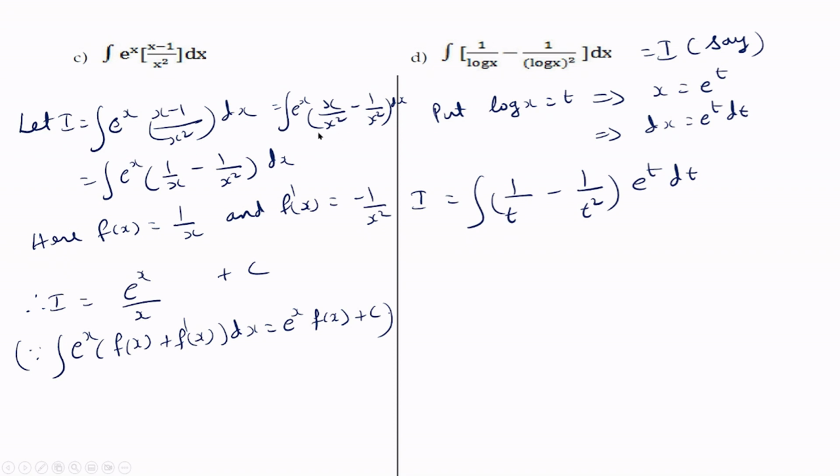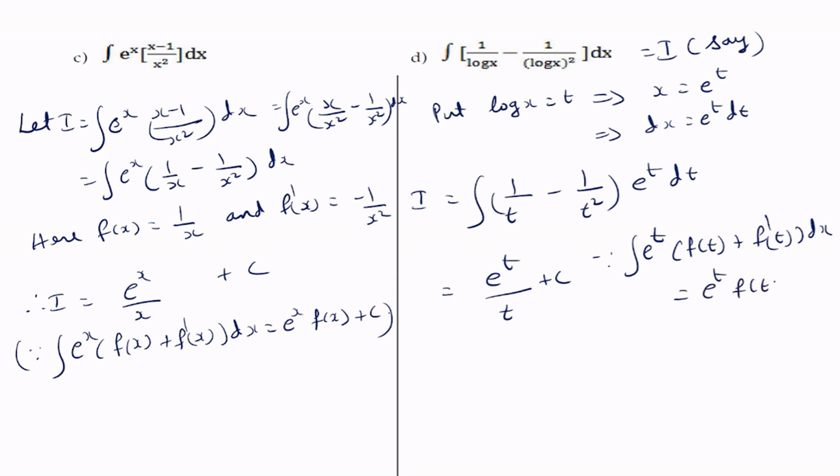So this is of this same form. In place of x we have t. So it is e raised to t by t plus c, since integral e raised to t into [f of t plus f dash of t] dt equals e raised to t into f of t plus c.